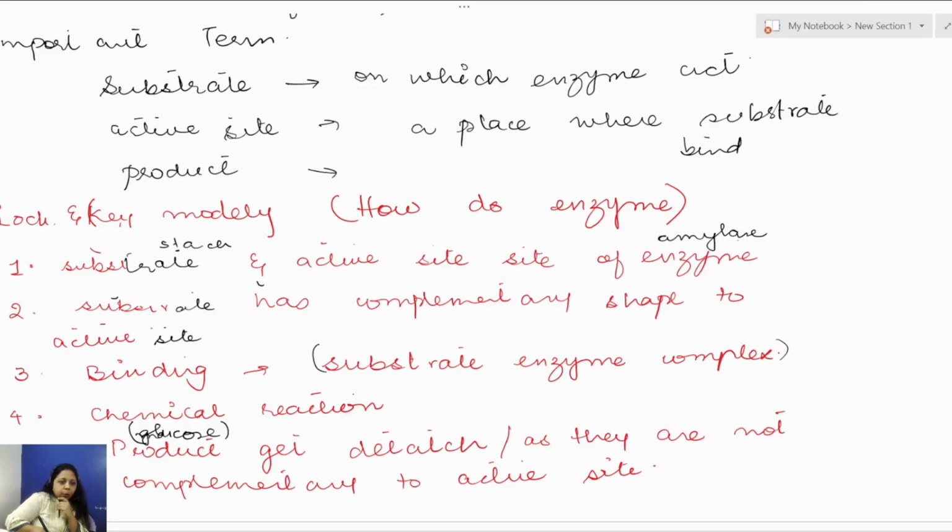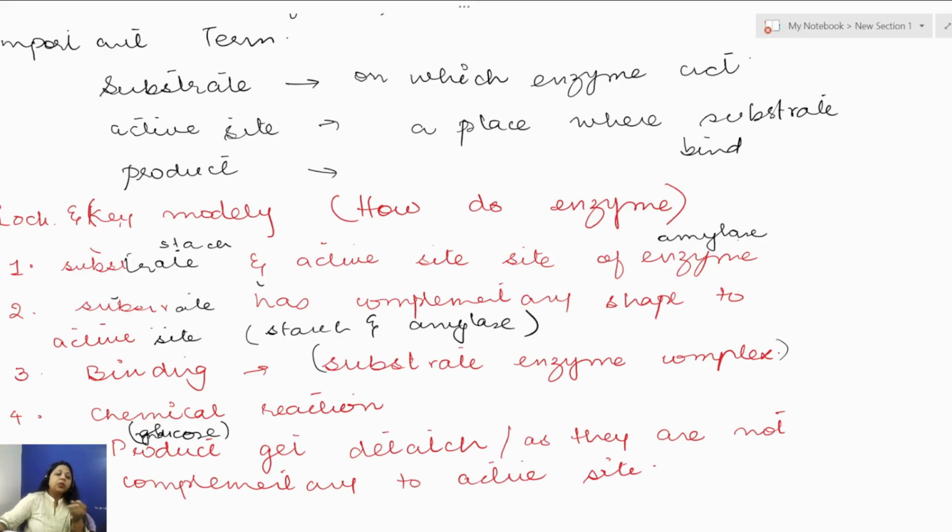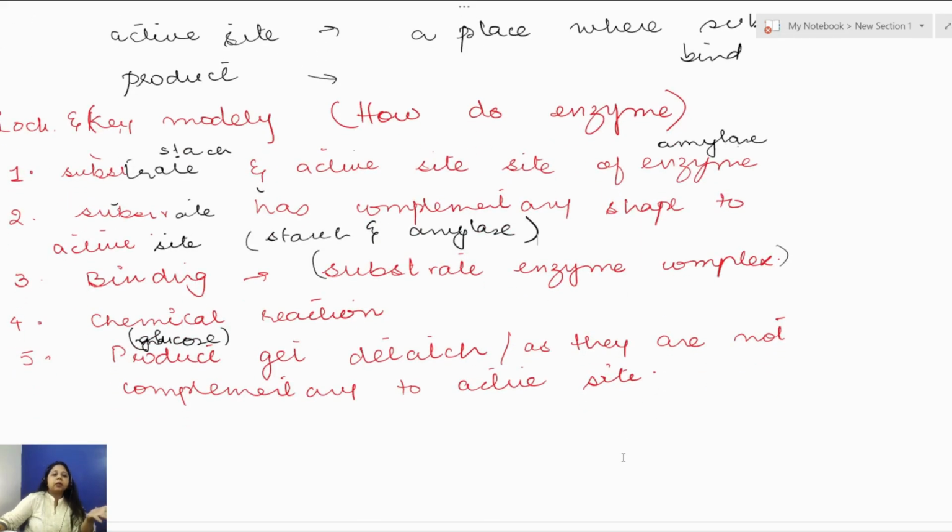Now, when I have written substrate has complementary shape to active site, I have to tell that starch and the active site of amylase would have complementary shape. So they get fixed into each other. Binding would take place and a substrate enzyme complex is formed. A chemical reaction takes place. As a result, glucose is produced, which gets detached as it is not complementary to the active site. This is how you explain the answer.